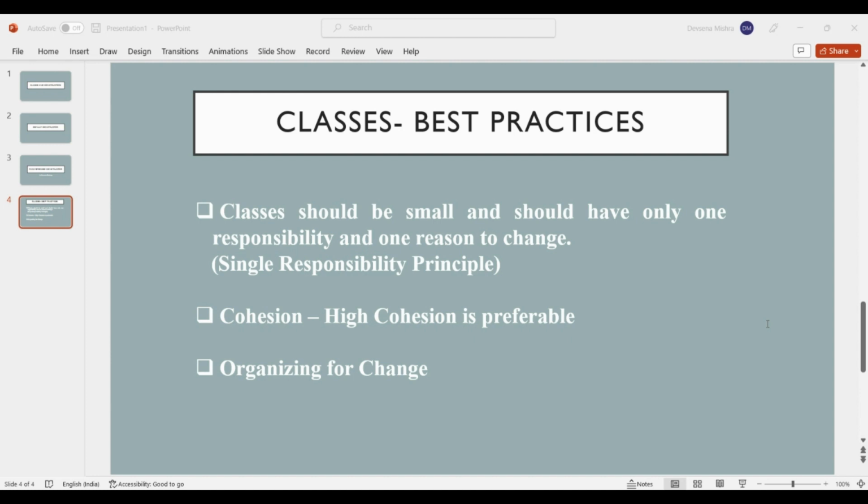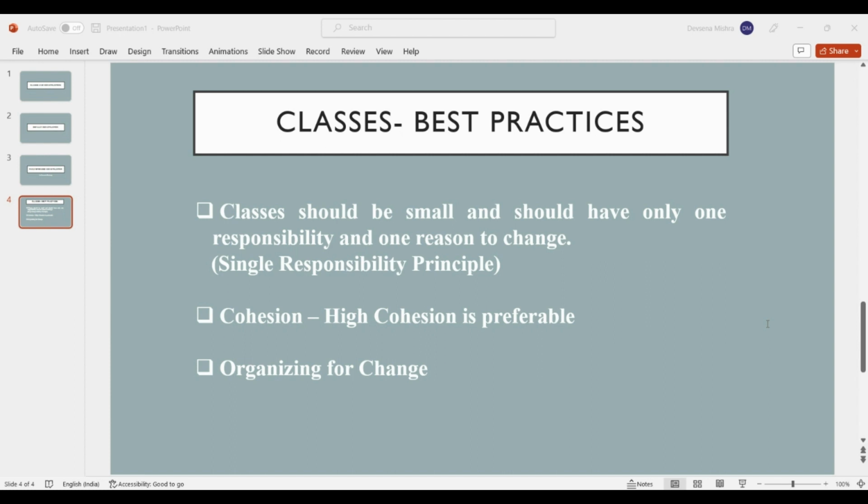The second best practice that we need to follow is cohesion. We generally prefer high cohesion. So, what is cohesion? Cohesion is the degree to which the elements inside a class belong together. It's about the relationship between the data and the code inside a class.